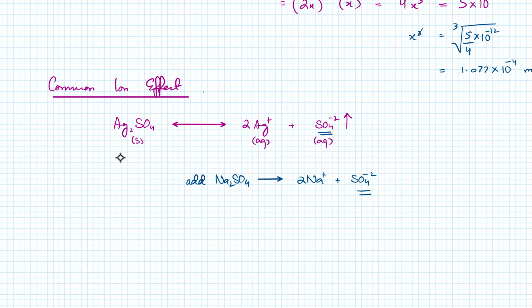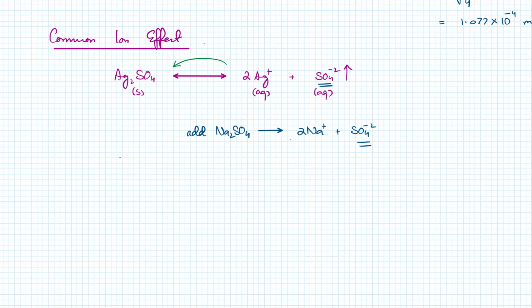Is that part clear? Yes. So it's going to go backwards, and as it goes backwards, the sulfate ion concentration decreases. So silver sulfate would be even less soluble.